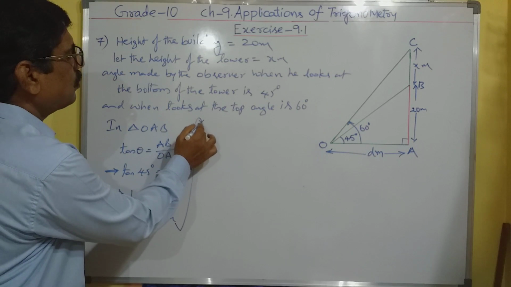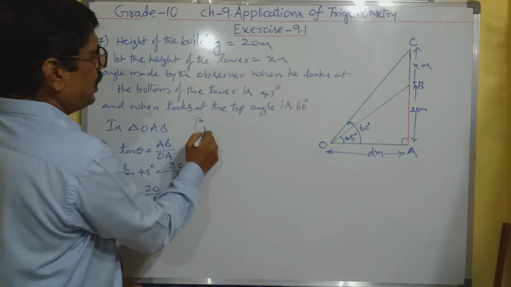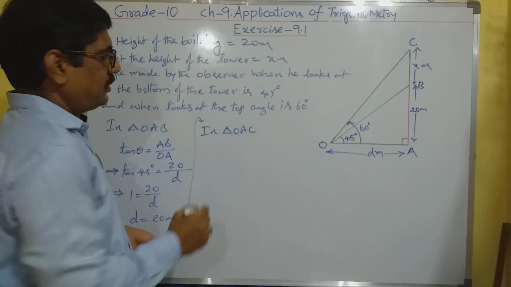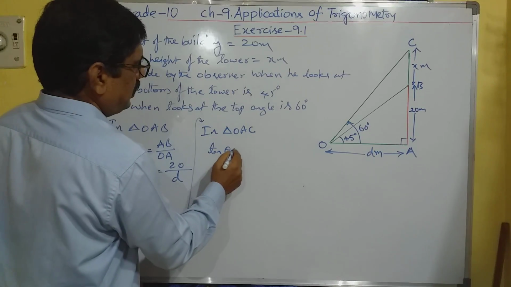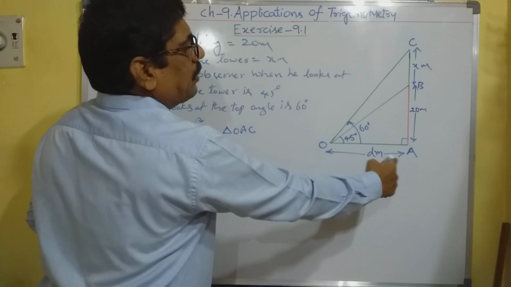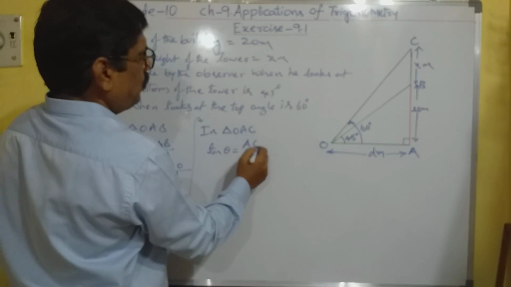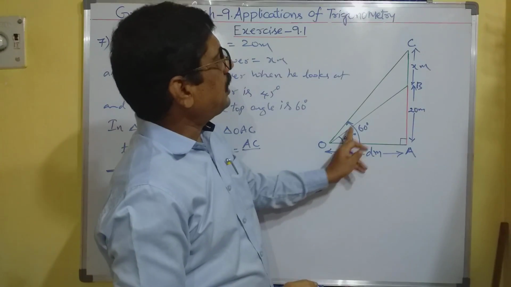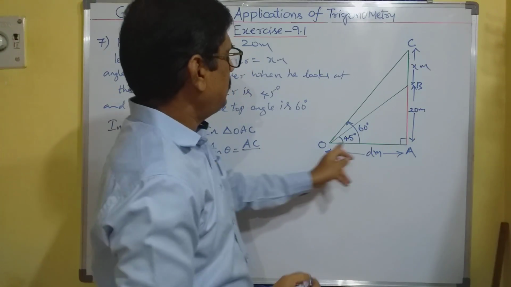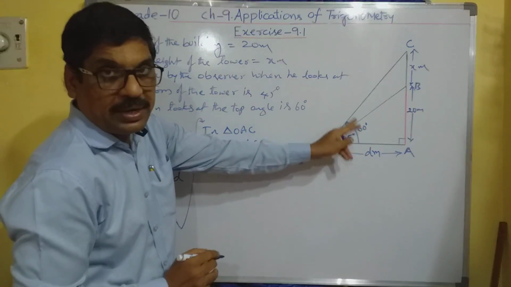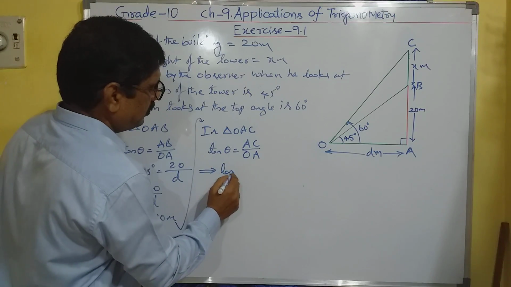Now, let us go with the next triangle. In triangle OAC, now take tan. Tan theta is equal to opposite by adjacent. In the entire big triangle, for 60 degrees the opposite side is AC and the adjacent side is OA. Now what is the angle in the big triangle? 60 degrees.